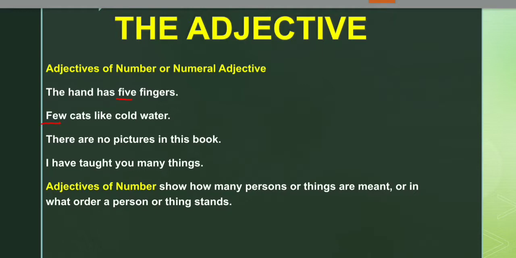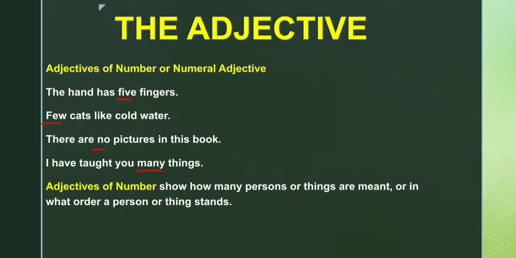In the third sentence we have no, and in the last we have many as the adjective. So the definition would be: adjectives of number show how many persons or things are meant, or in what order a person or thing stands. Okay, so this is the definition.